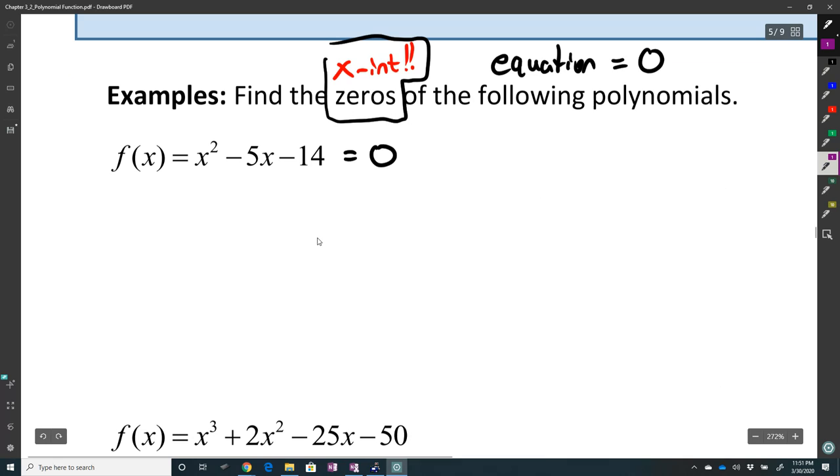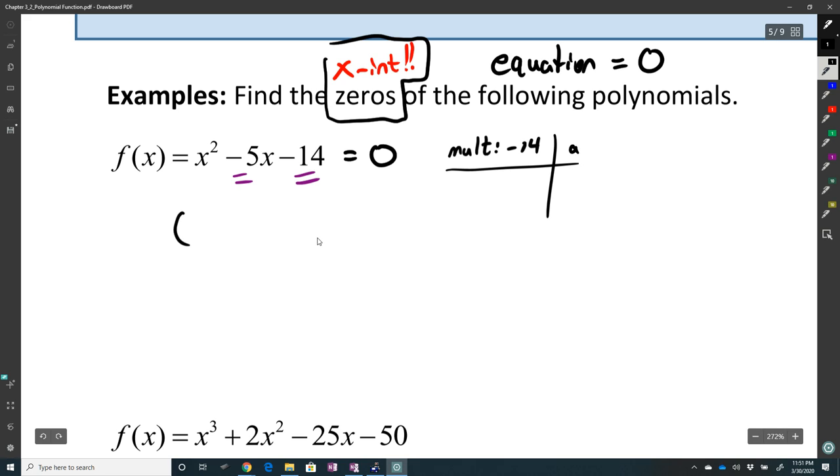What are two numbers that multiply to negative 14 but add to negative 5? Those two numbers are negative 7 and positive 2.